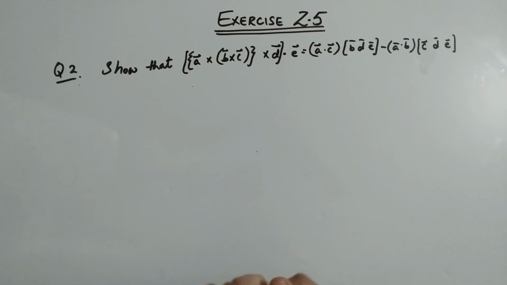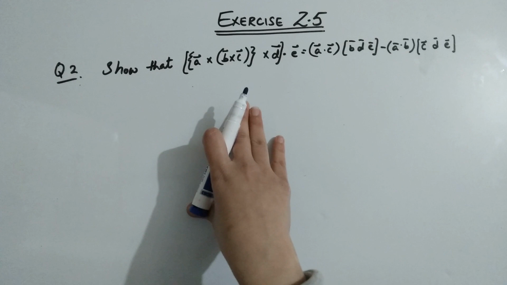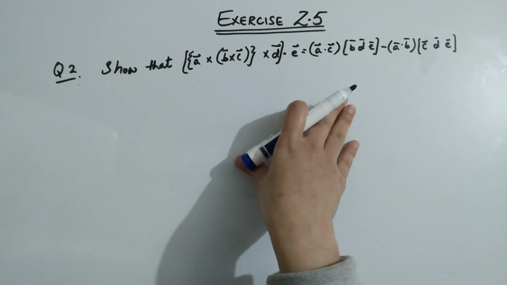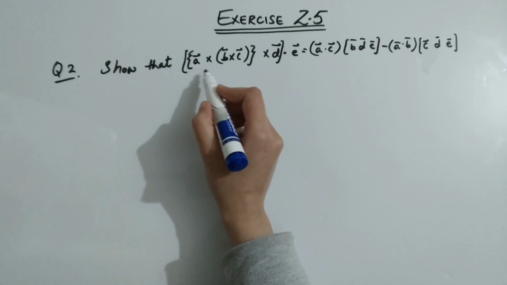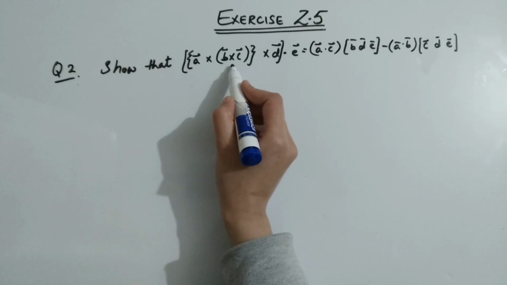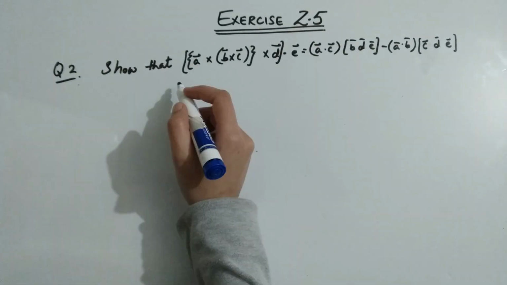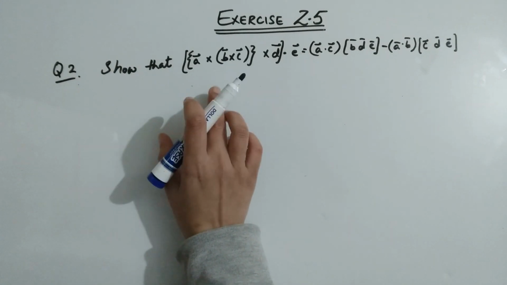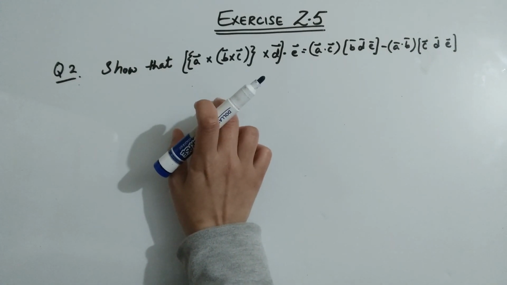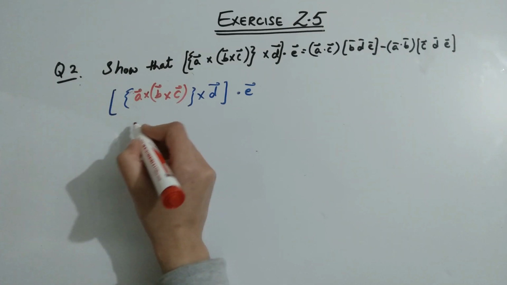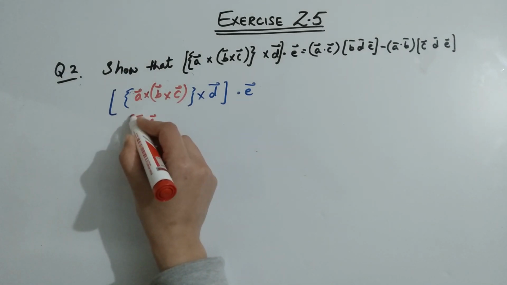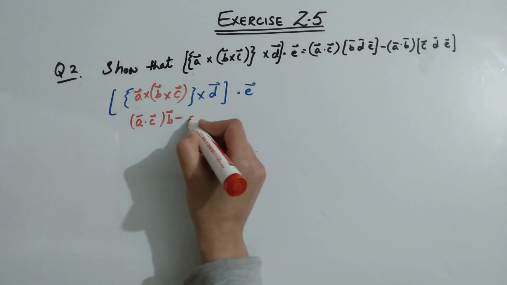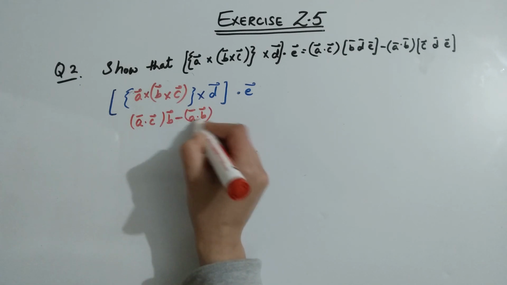In question number 2, you have also to prove the property, that is left hand side equal to right hand side. Now you are given 3 brackets here, round bracket, curly bracket and square bracket. So first you will solve the curly bracket here by using the formula of vector triple product. Applying the formula, (a dot c) times b minus (a dot b) times c.